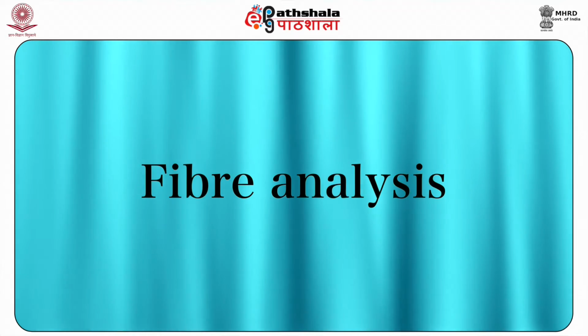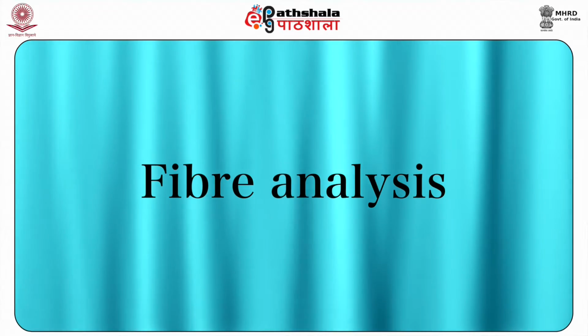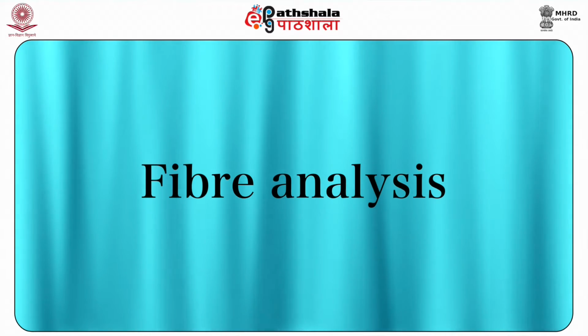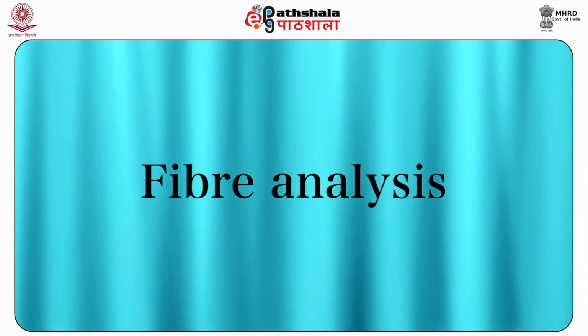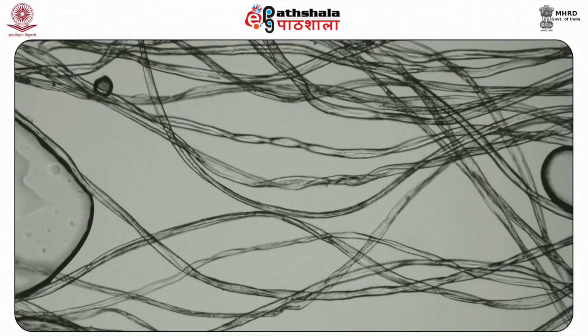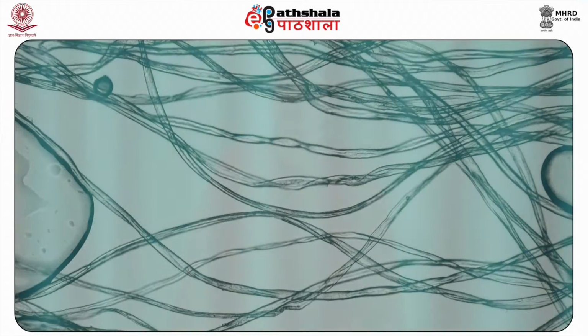Now, coming to the most important part of this module, that is the analysis of the fibers which have been collected from the crime scene. Fiber analysis is a method of identifying and examining the fibers found at the crime scene, used by forensic investigators to procure crucial evidence during an investigation.